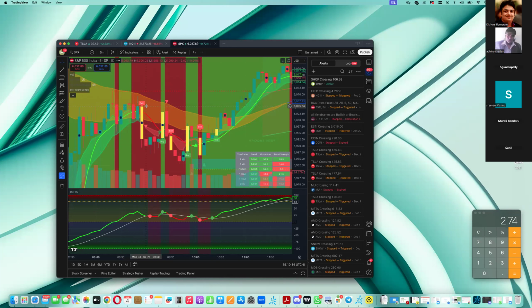GGG means you have green clouds, green background, and you are close to a green support. If you have all greens, perfect for long. If you have all reds, perfect for short. If you have a mix, you ignore that signal and wait for the next one.